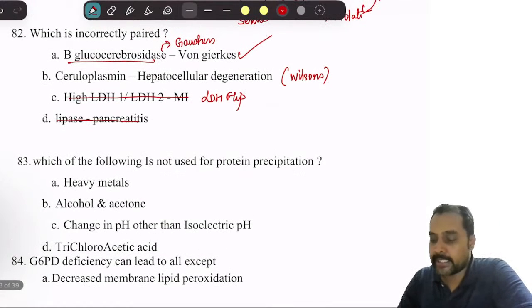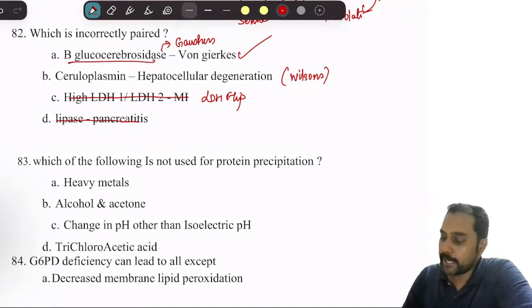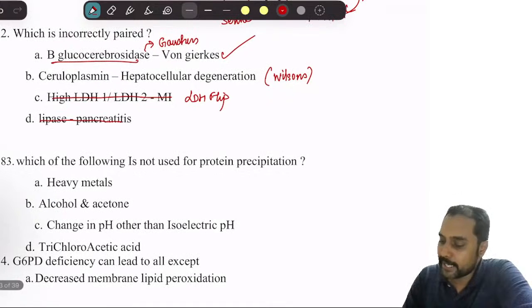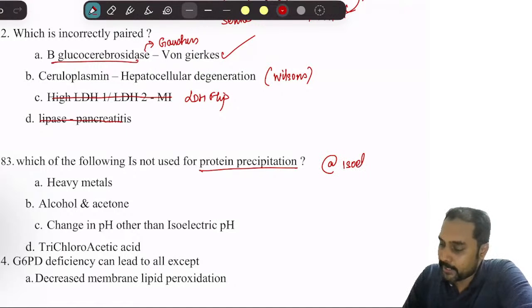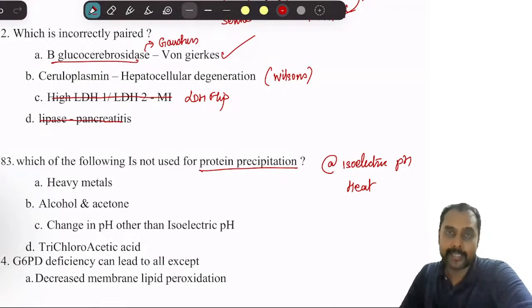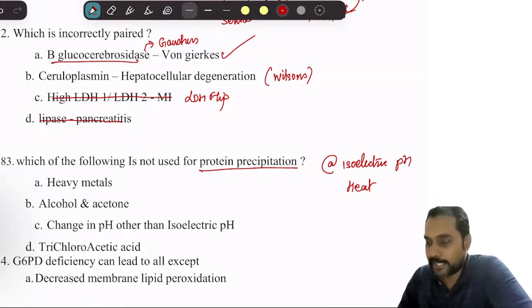Which of the following is not used for protein precipitation? See, protein precipitation techniques, many techniques I have told you. Predominantly, proteins are precipitated at isoelectric pH. Other than that, proteins are precipitated during heating. You know that, right? Milk heat coagulation test. Okay.